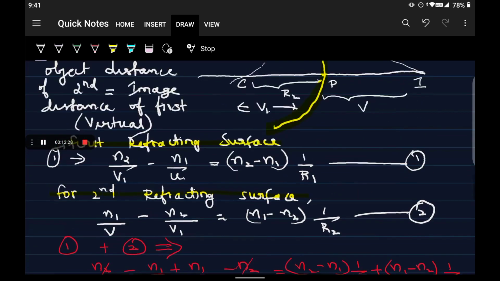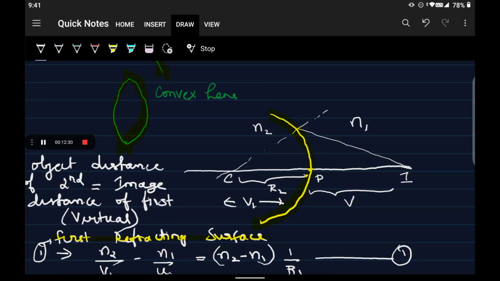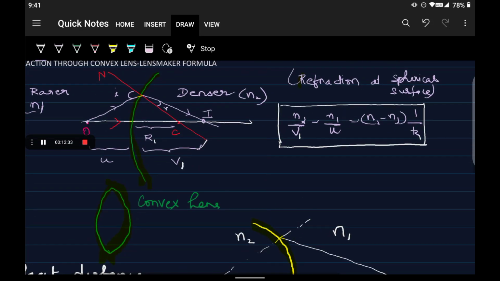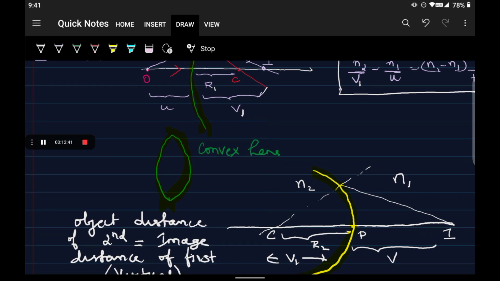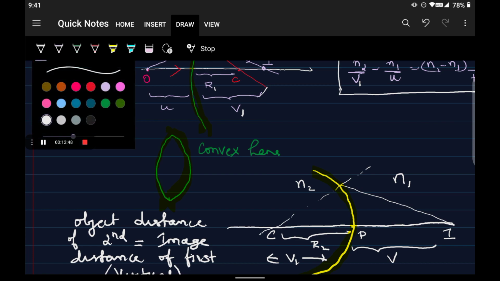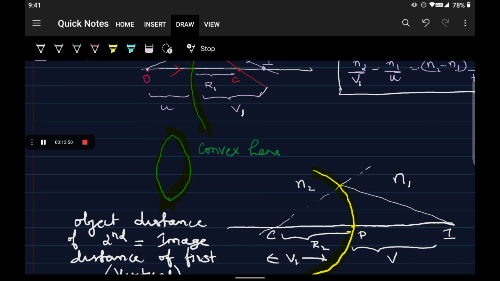Now if you see these two diagrams, diagram number 1 and diagram number 2, together, you can see how the refraction is obtained: the image distance of the first one will be the object distance for the second one. So the whole diagram will be like this, the meeting point will be the optic center, this is your pole 1 and this is your pole 2.